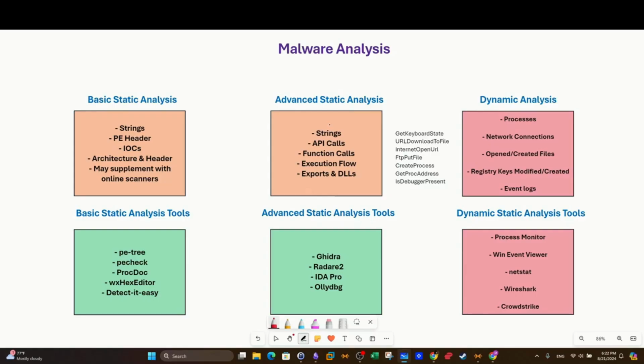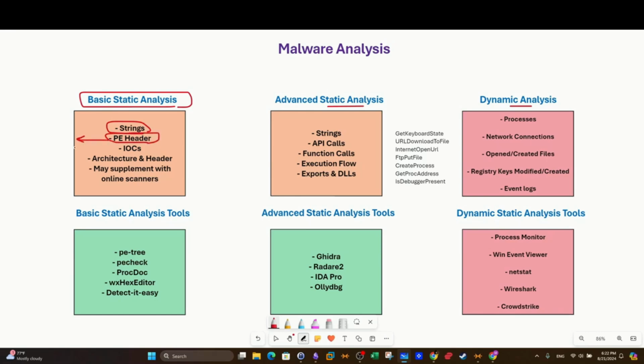Alright, so before we start talking about advanced static analysis and dynamic analysis, let's do a recap on basic static analysis, or what we have covered up until this moment. We covered what items we look to collect when handling or analyzing an executable file or just a binary. Basically, we look to extract strings and we analyze the portable executable header.